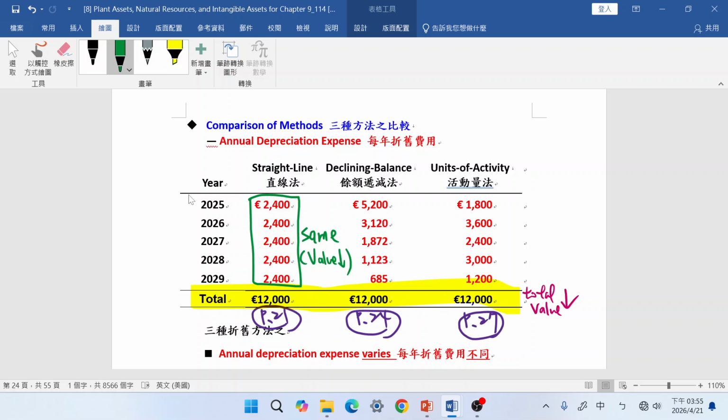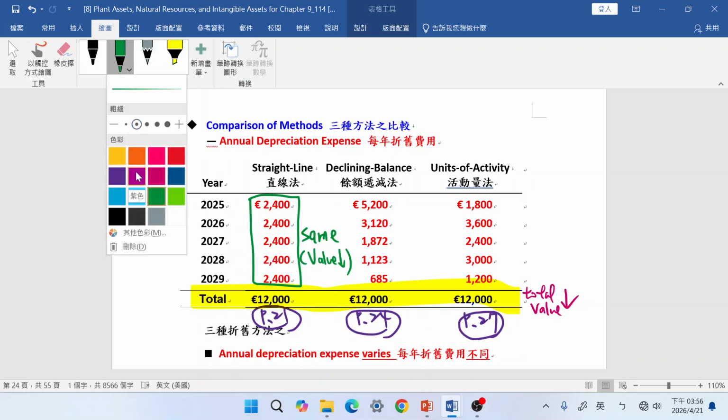Then when you are the young guy like you, right, you are going to use yourself the first year more and decrease to the last year. In the last year you don't want to do anything, you don't have any activities, so your value decrease will be the lowest.